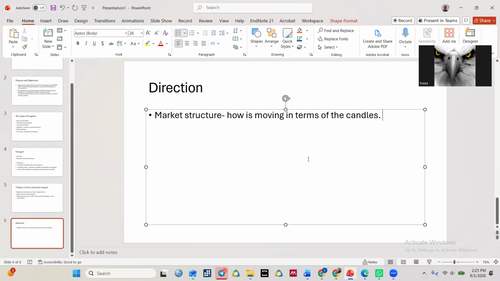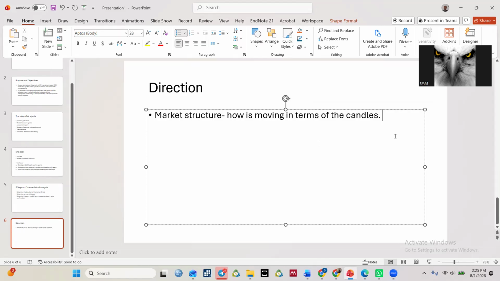The price will move up and then it will drop. Then it will move up and it will drop. So you see that as a zigzag kind of thing. Even though it is moving up, it is still dropping at some point, then it will continue going up. And that is what we call the structure.